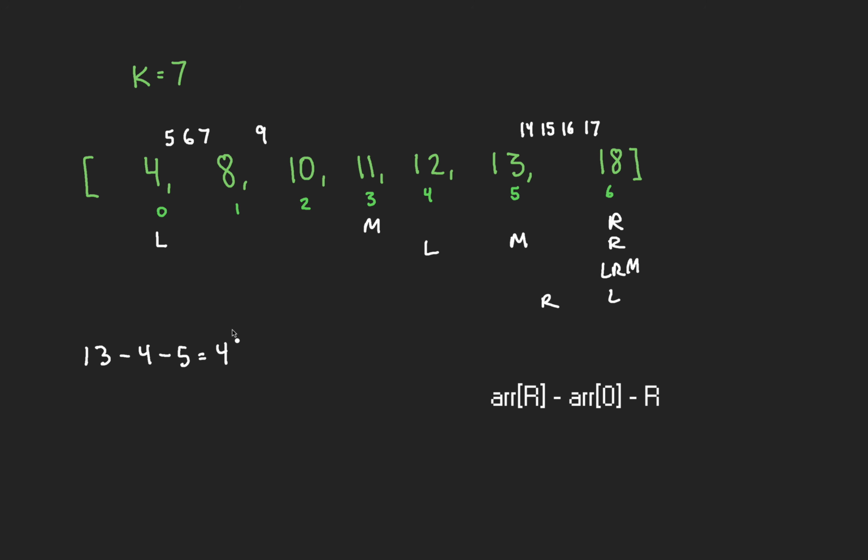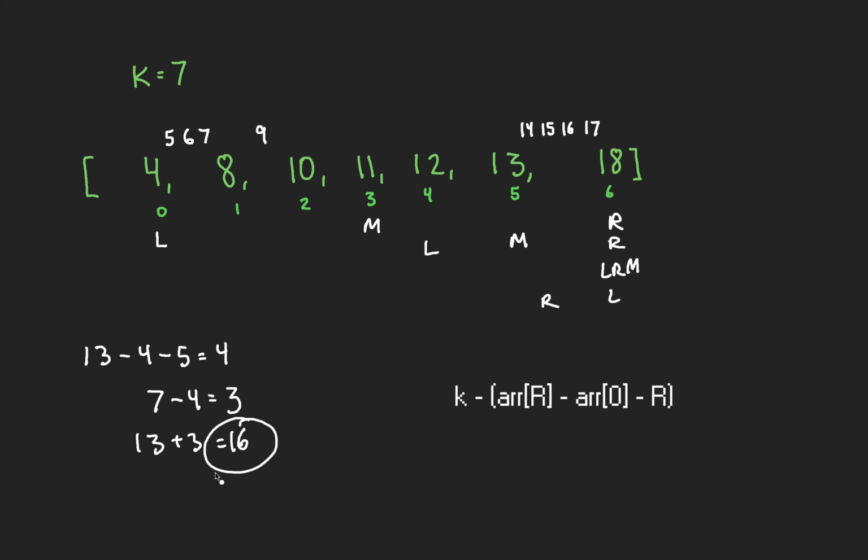So if we found 4 missing numbers, but we want the 7th one, then clearly we need to find 3 more missing numbers from our 13. In our growing equation, we can prepend it with a k minus. Lastly, we can simply add 3 to our 13 to get 16 as our answer. This is what we return.